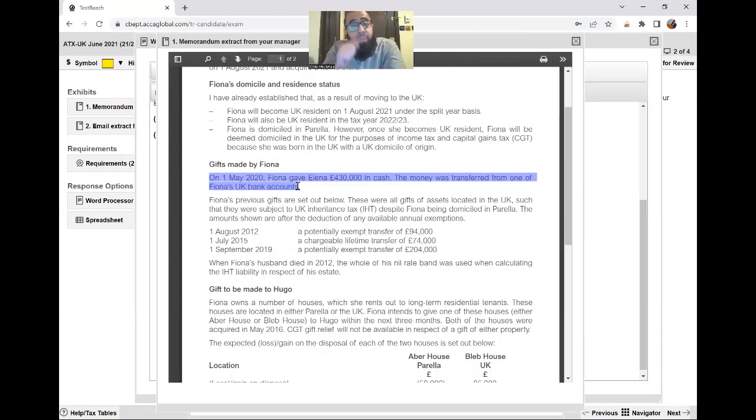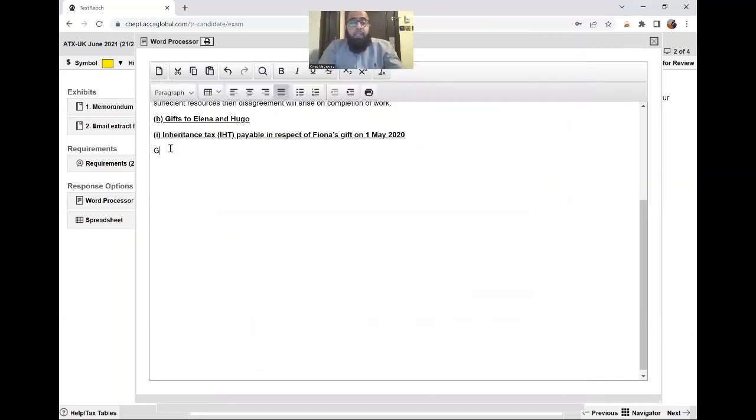The money was transferred from one of Fiona's UK bank accounts. So the gift made by Fiona to Elena of £430,000 cash on 1st May 2020 was a potentially exempt transfer. There was no lifetime tax on it.